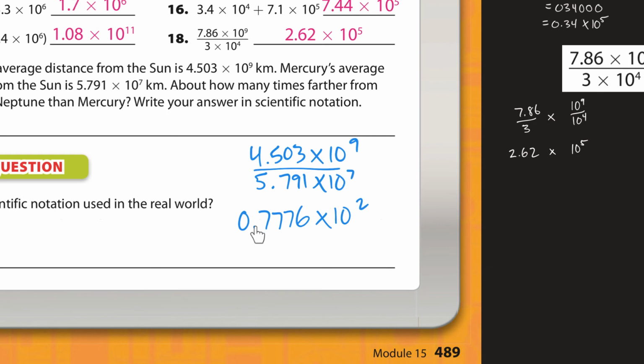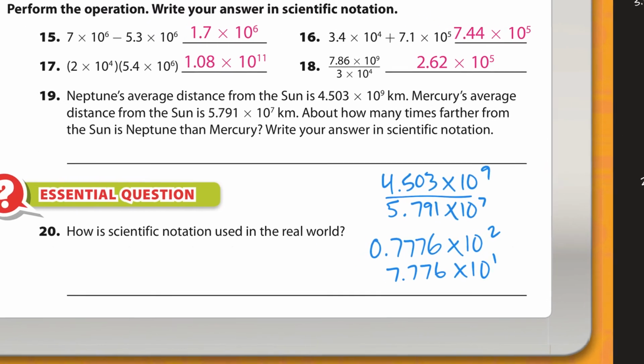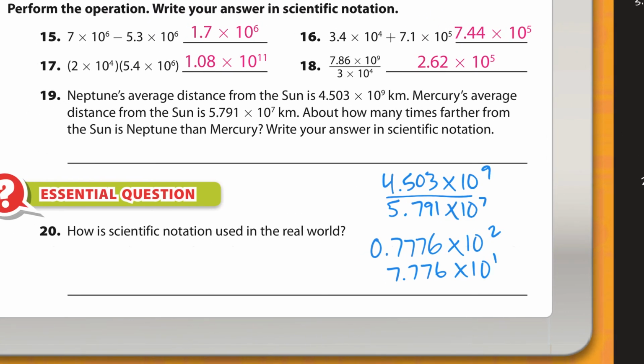Because 2 times here means we're moving it twice, and if I move it here, then I only have to move it once now to put it in position. So that would be 7.776 times 10 to the 1st. And that should be my answer in scientific notation. And I have, yes, exactly.